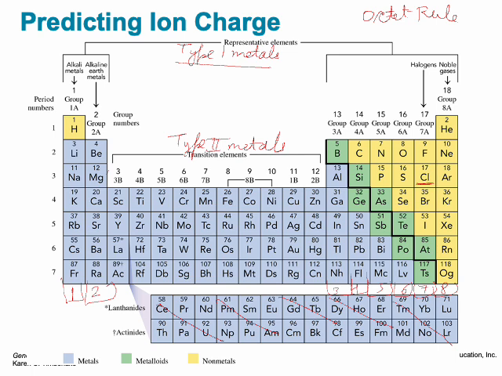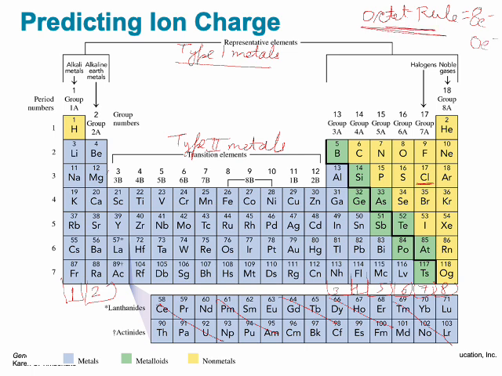Now, how can we predict the charge of these type 1 metals and the non-metals? This is based on the octet rule. The octet rule basically tells you that every atom in these representative elements wants to complete its outermost shell, or fill the outermost shell with 8 electrons, or it does not want any electrons in its outermost shell.